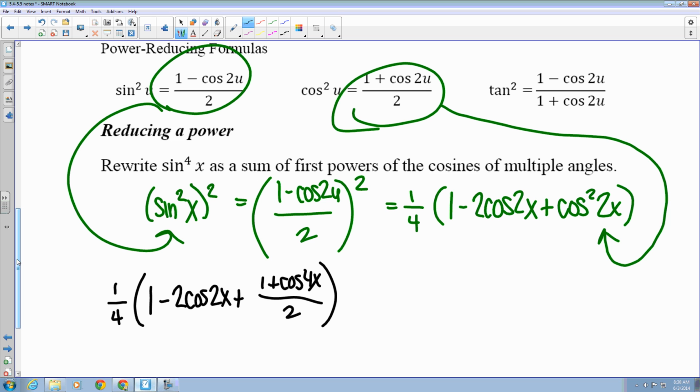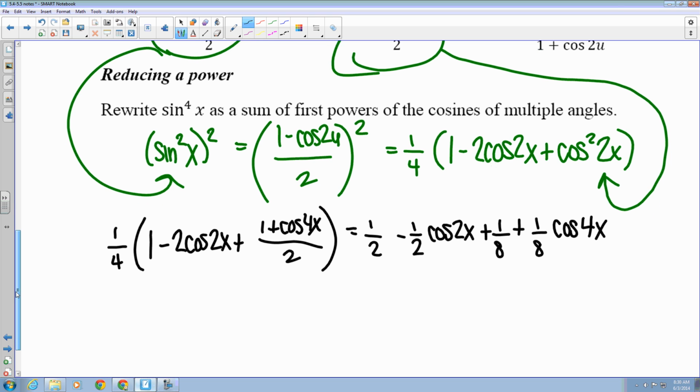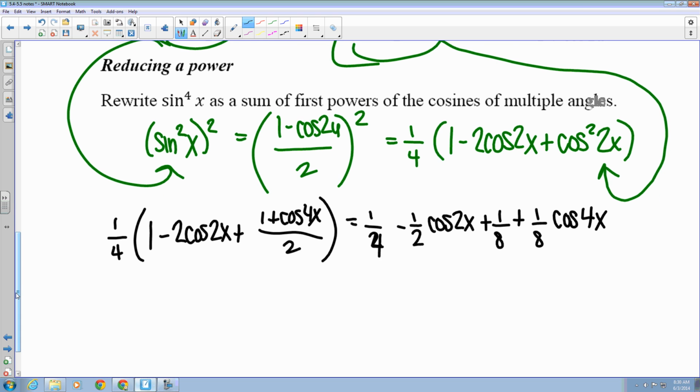Now it doubles. That's what the 2u means, whatever our u was originally, we double it, which is why it turns into a 4x. And then I'm going to try to get rid of all my fractions here. Oops, this should be a 4.